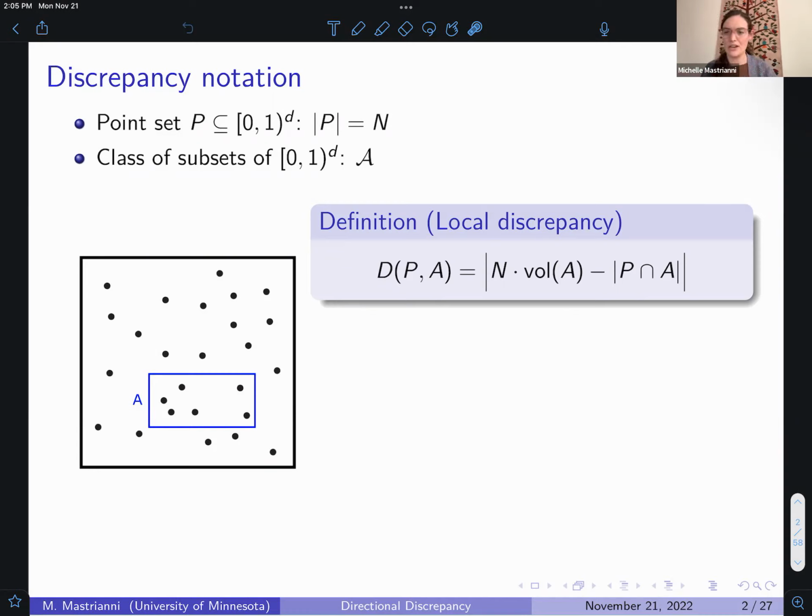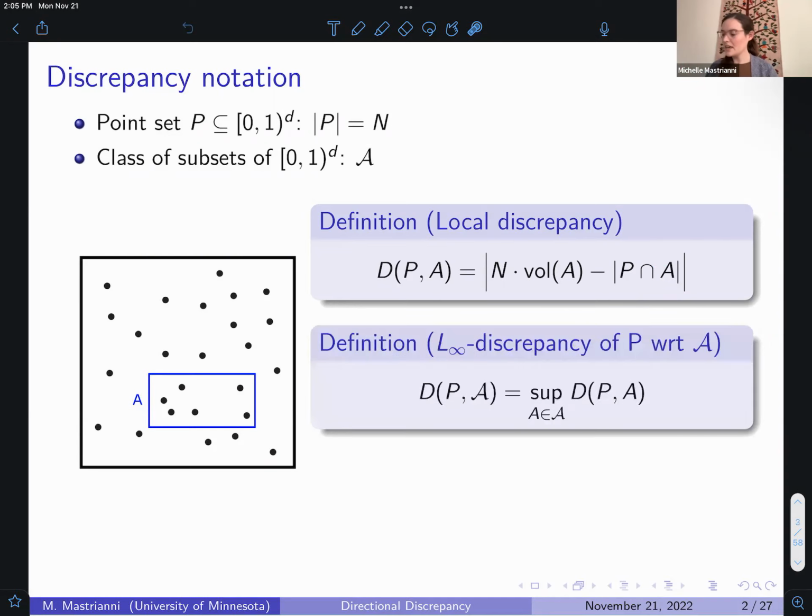So it's a deviation between the expected and actual behavior of the point set. And then if we talk about the L infinity discrepancy of the point set with respect to the entire class of sets, now you're looking at a supremum of these local discrepancies. So in some sense, you're looking for the worst possible deviation in your entire class of sets.